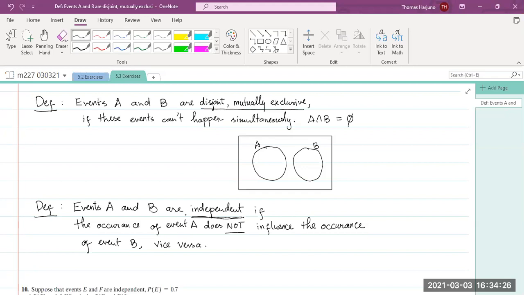Let's say she wants to go to a party. Will that make me not want to go to that party? If I say I'm independent, then it doesn't matter whether I know that she goes to that party or not. The fact that I go or I don't go does not depend on my knowledge of whether she goes to that party or not.